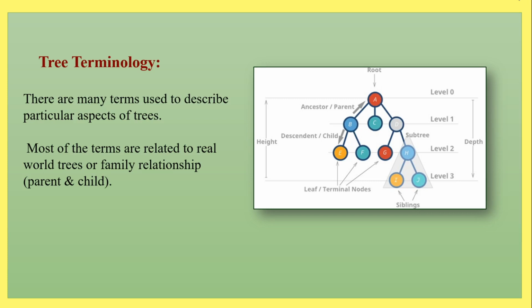Tree terminology. Here you observe the diagram. This is an example for tree. I constructed a tree with one or more nodes connected by edges. A, B, C, D, E, F, G, H, I, J. All these are nodes connected by edges.